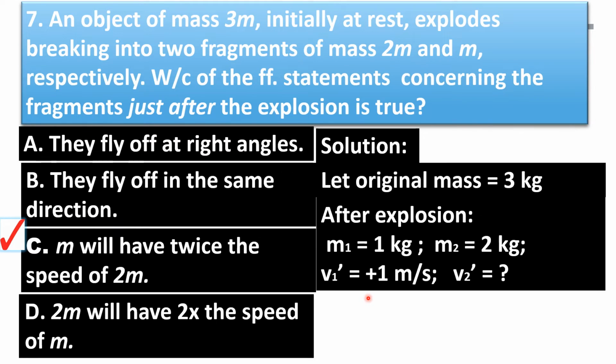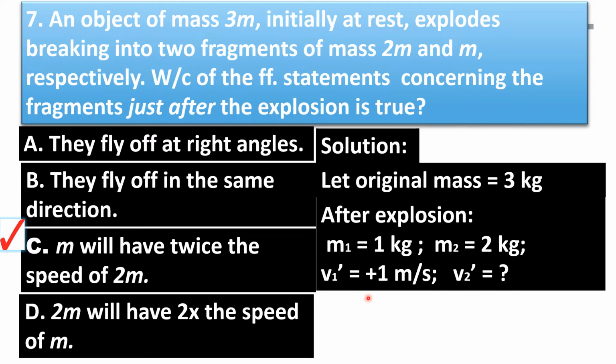Also stated there is that the initial velocity of the original mass is 0. So what happened after they exploded and broke into two fragments?